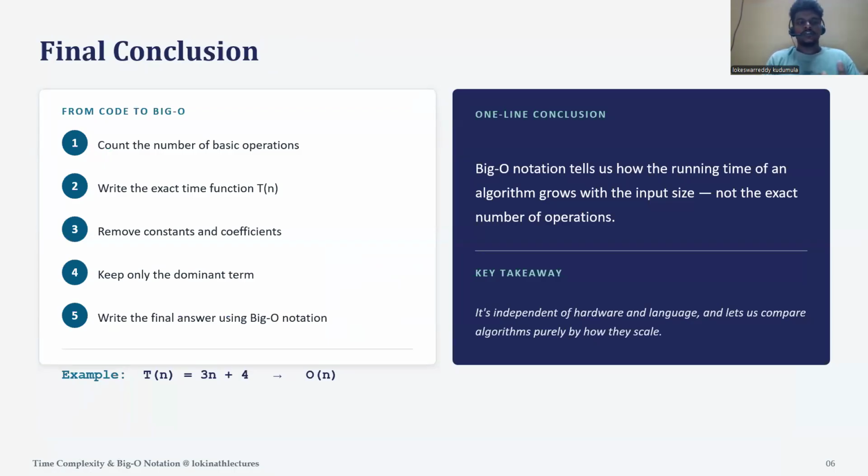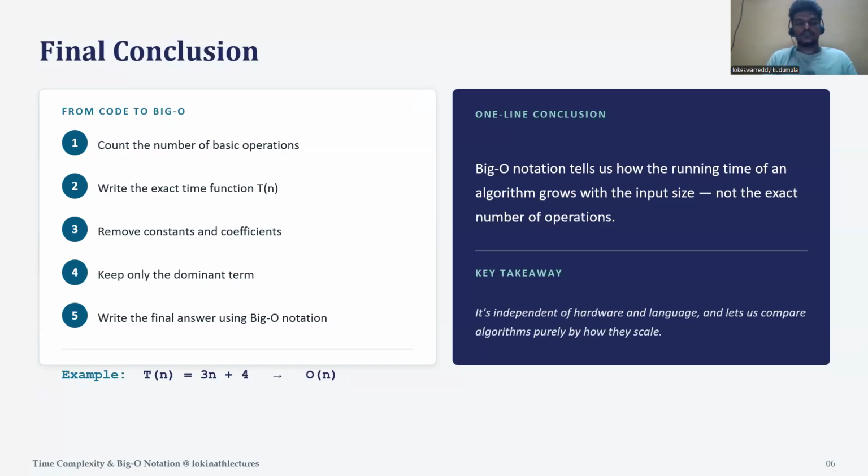Count the number of basic operations performed in an algorithm and write the exact time function T of n. Remove the constant and coefficient values while applying the big O notation, keep only the dominant term, which is the growing value, and write the final answer using big O notation.